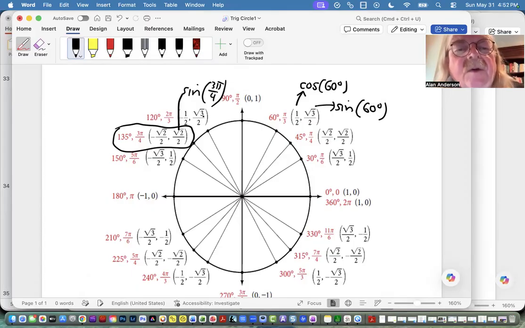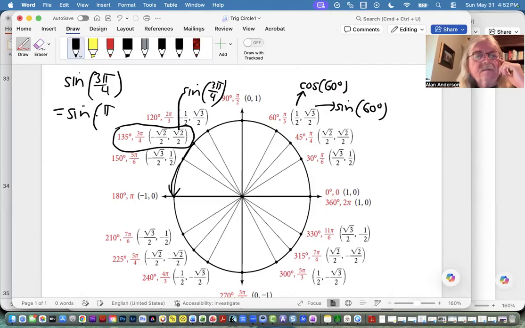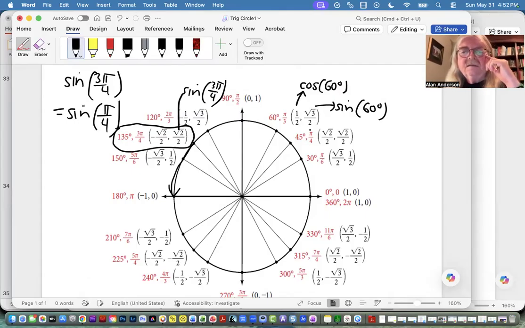And so what is that number? Well, they're saying that the reference angle for 3/4 pi would be 1/4 pi, because you would need to move down here in this direction, and by adding one more 1/4 pi, you'd be right back at the horizontal axis. So the sine of 3 pi over 4 is the same thing as the sine of pi over 4, which is radical 2 over 2.